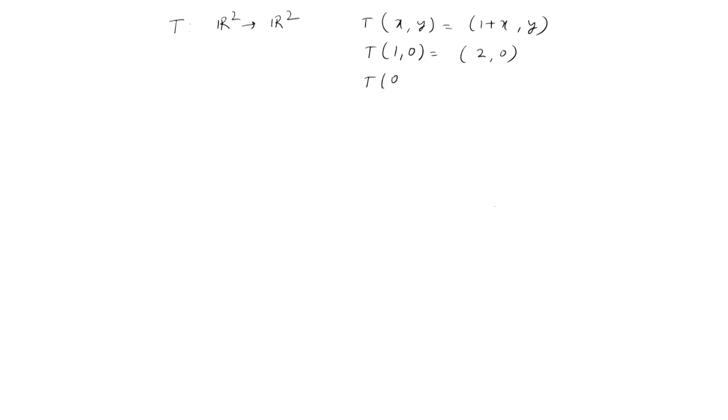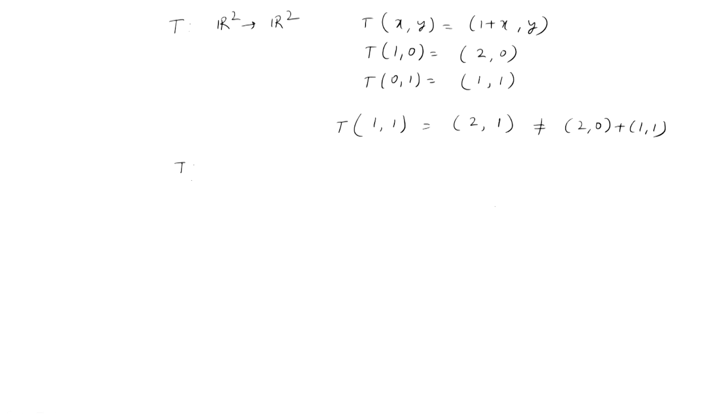If you take T of (0, 1), it is (1, 1). If you take T of the sum of these two, that is (1, 1), it must be equal to the sum of these two by the property of linear transformation, but by the definition it is coming (2, 1), which is not equal to the sum of these two. So, that means it is not a linear transformation.